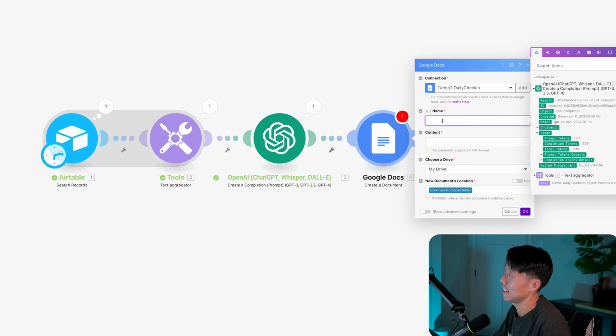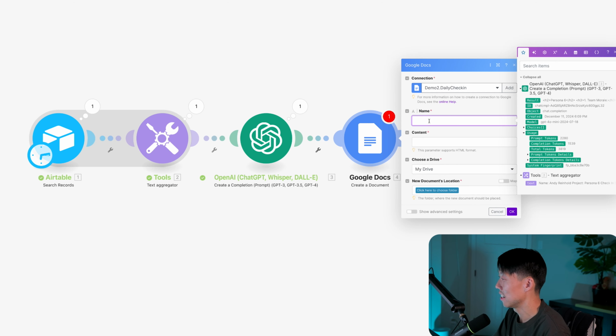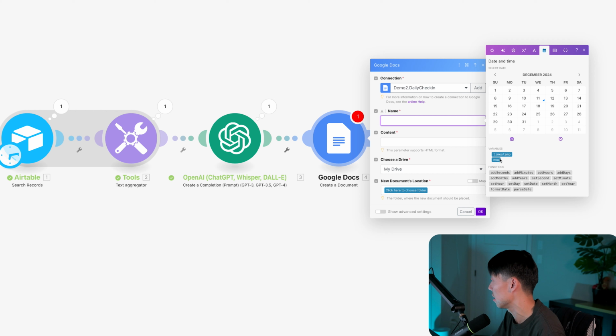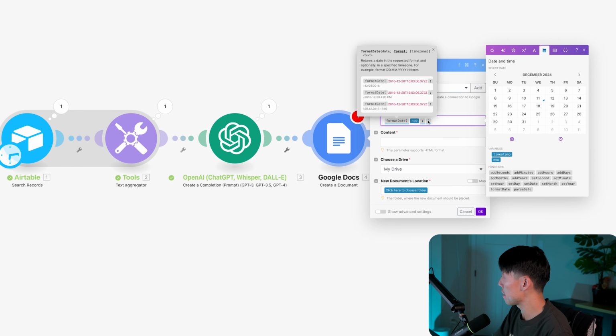Now, the name. I'm kind of OCD about this, and if you watch my last video, I like to name my stuff with a timestamp. So we're going to use the timestamp function again. I really like this. The more you use it, the easier it gets. We're going to do format date. We're going to say now, and then we're going to format the date to be year, month, dot, day.